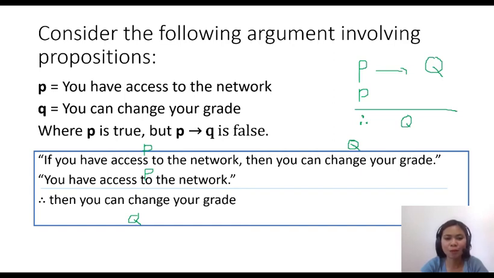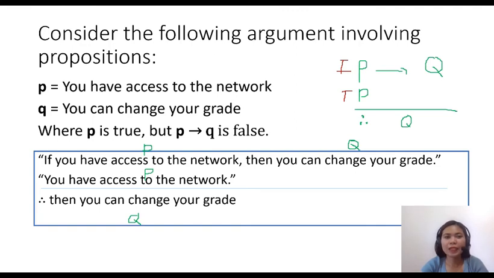So here, our P is true. However, our P implication Q is false. So, the argument we obtain here seems valid, right? But, because one of the premises, namely, the first premise, itong P implication Q, is false, we cannot conclude that the conclusion is true. Most likely, this conclusion is false talaga yan siya.